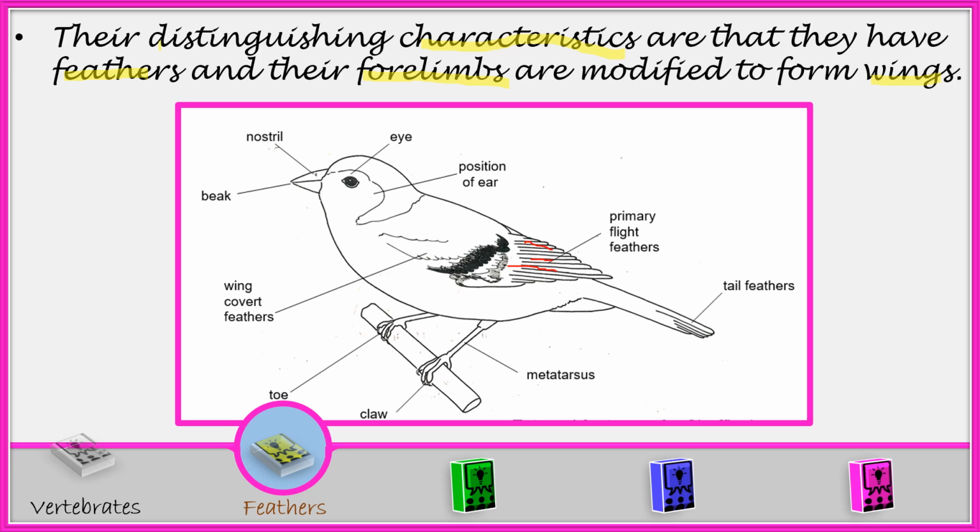They have feathers on the body and their four limbs. The four limbs are modified into wings.